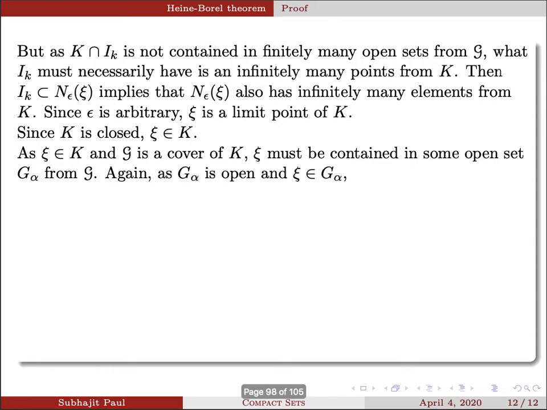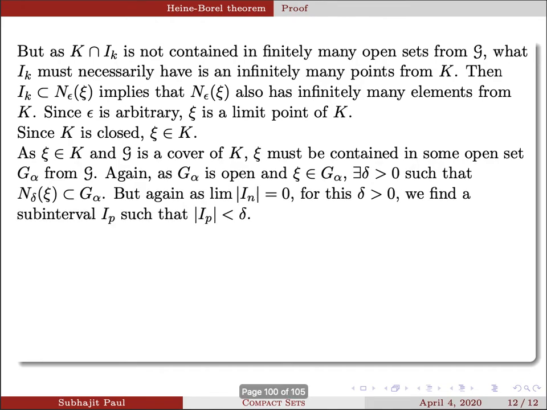Now, what do we know about G alpha? G alpha is an open set. This is an open cover we are talking about. And xi is a point in G alpha, so xi is an interior point. So we find a delta positive such that the delta neighborhood of xi is inside G alpha. Now, with this delta, we repeat the exact same procedure we did with that Ik.